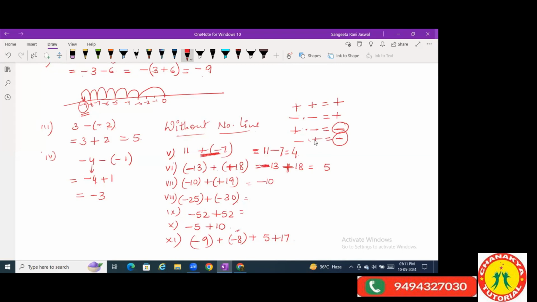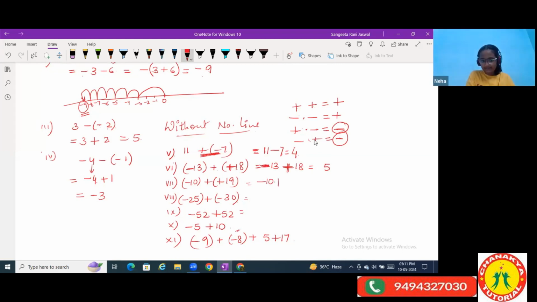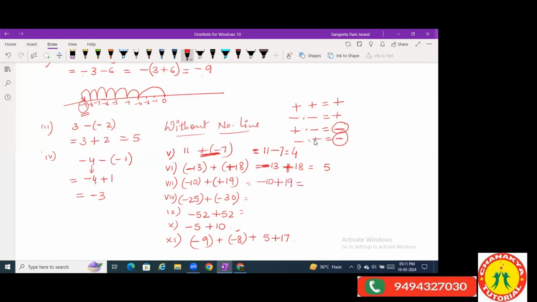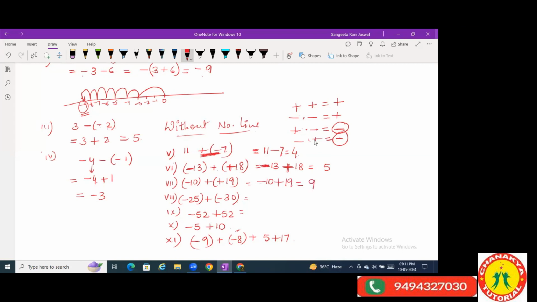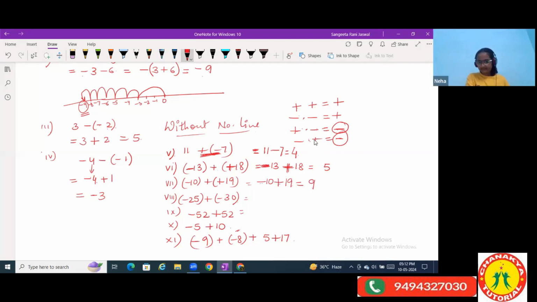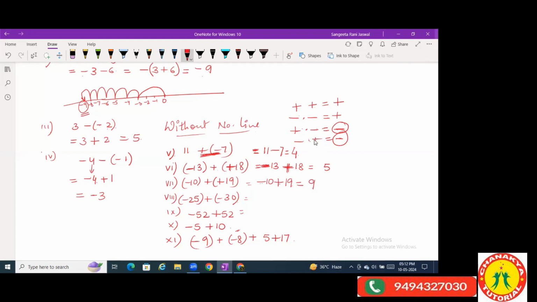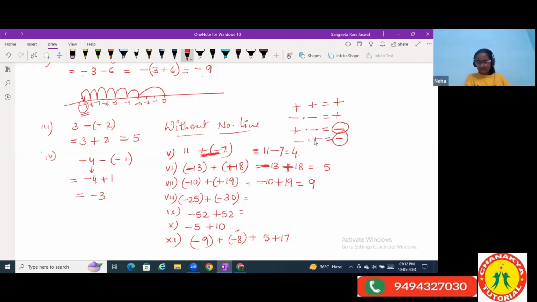Then we put an addition sign and write 19. Good. What do you get? We get 9. Okay, 9. So again we do subtraction, we can see the signs are opposite. So 19 minus 10 will be 9 and the sign of the bigger number.